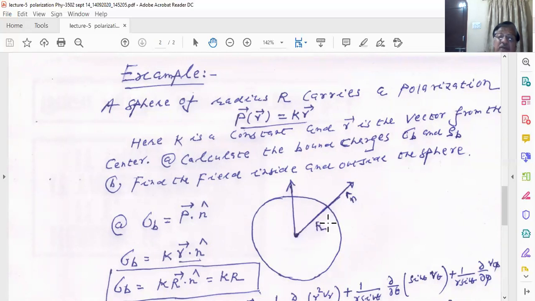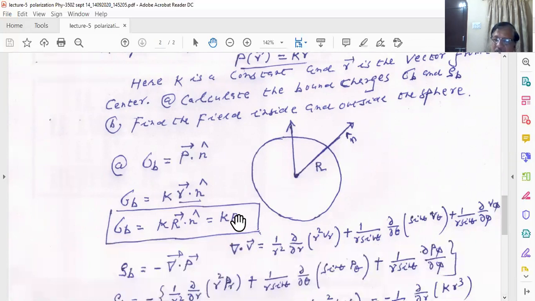Basically we want to study sigma b, and sigma b is plastered over the surface of the sphere, it is not inside the sphere. If it is on the surface of the sphere, then this r will be equal to the radius of the sphere, the maximum value. So I write this r as capital R, and n dot n is 1, as your radius vector r and n are in the same direction. So your sigma b will be equal to k times R. So we have calculated sigma b, the surface charge density of the bound charges.